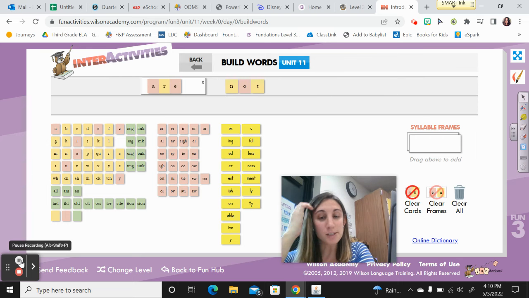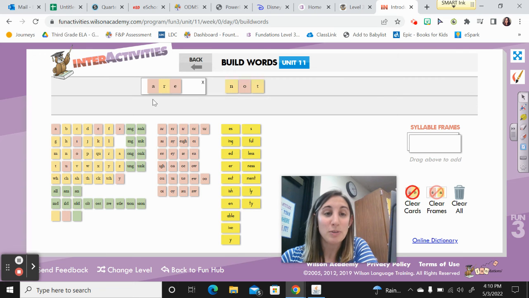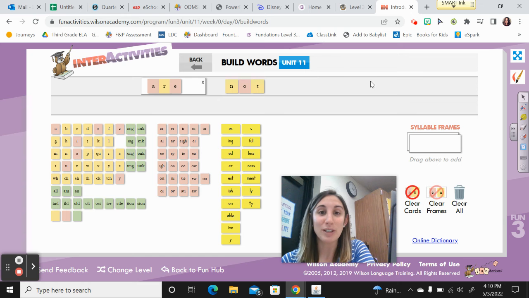All right, let's practice with a few more. The two original words in this one are are not. Do we know the contraction? This one follows the rules. So what do we do with the first word? Right, we keep it the same. So let me grab A-R-E for are. Now, they are not being nice, or they aren't, how do we say that contraction? Aren't. Okay, what do we do with this not?